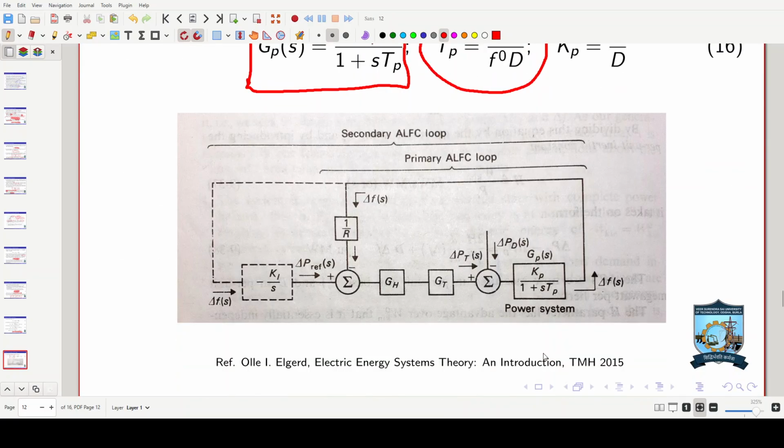I have taken this diagram directly from the book. We had seen this up to this part; this relationship we did not find out. This relationship is now the power system transfer function.